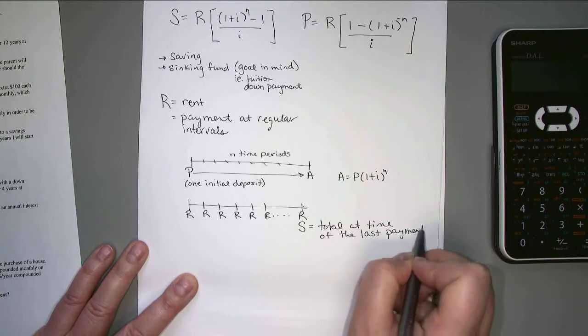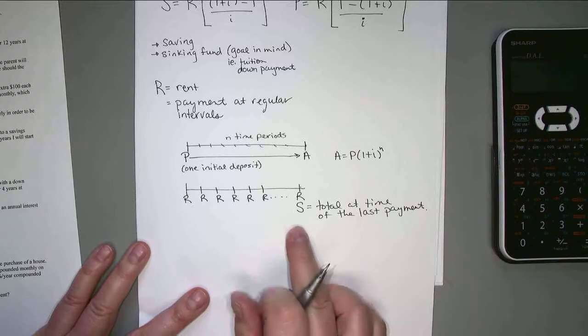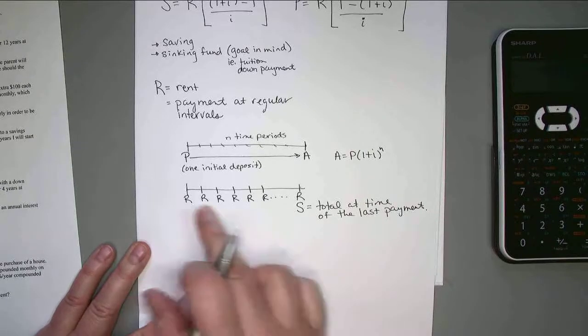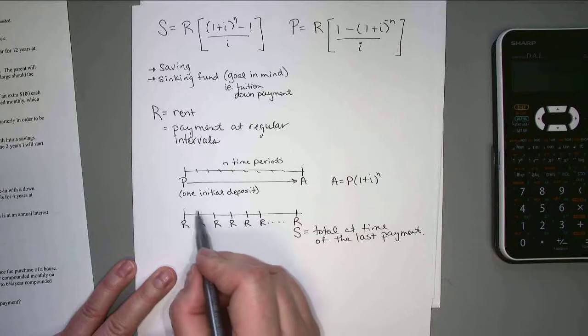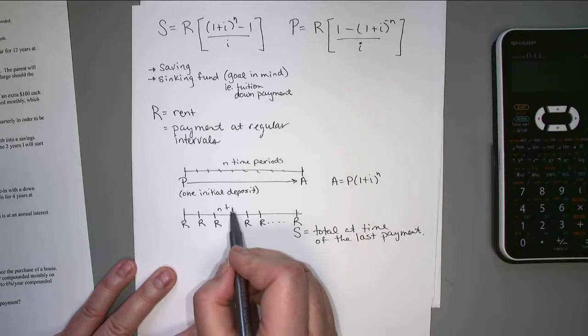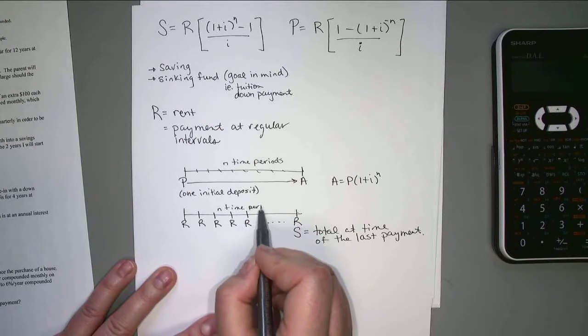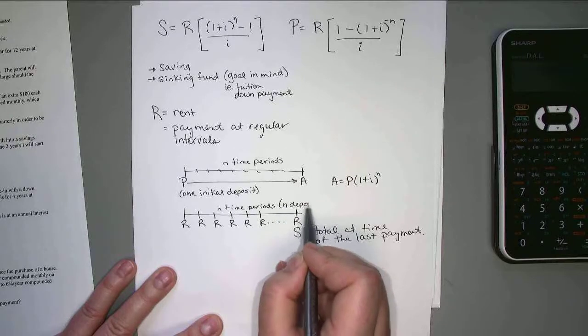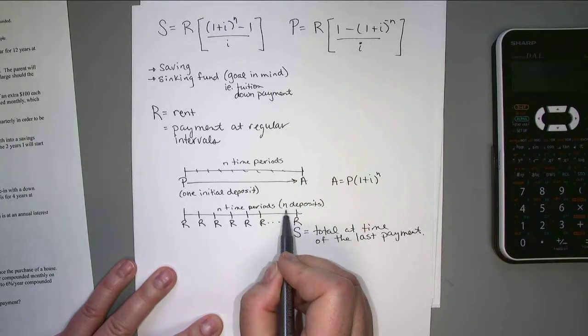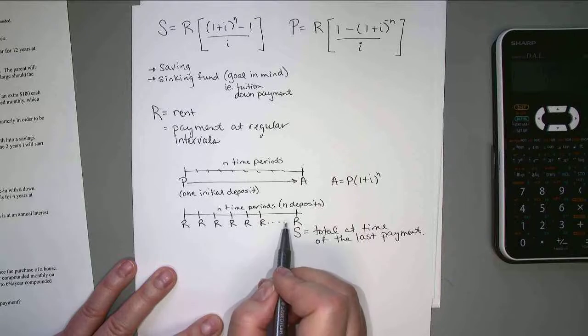So there's actually no interest on that last payment. It calculates all of these over n time periods and also n deposits. So the number of deposits is the same as the number of times it's compounded.